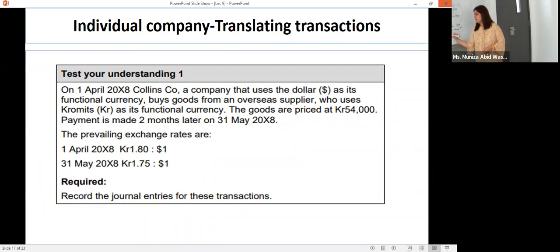And credit cash account, that is 30,857. This loss will be taken to the SOP. At the time of the transaction, the payables in the current liabilities, SOFP, should be this one. Okay. So these are the journal entries for the transactions.